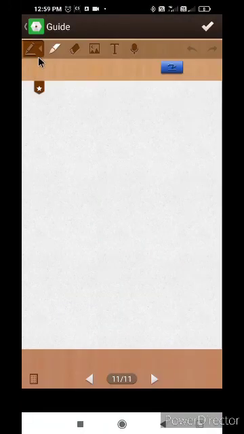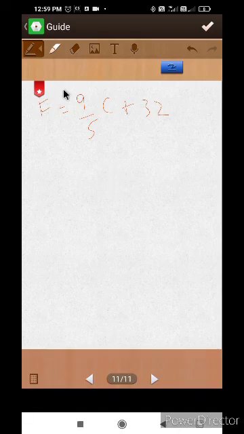So first we'll write F is equal to 9 by 5 C plus 32. Okay, so they are saying that the values of C and F are equal.